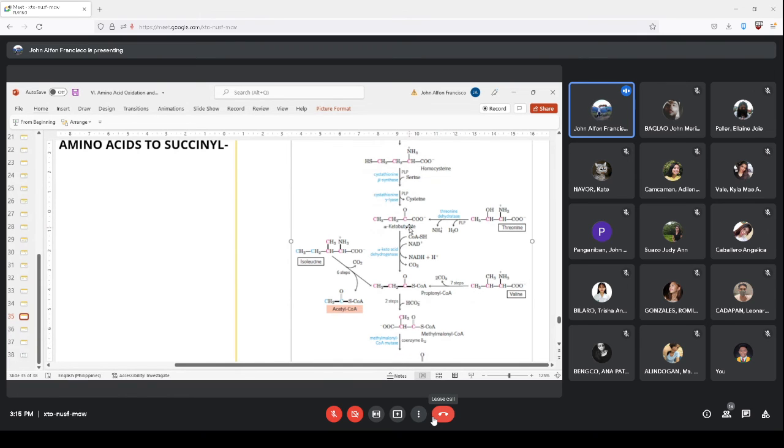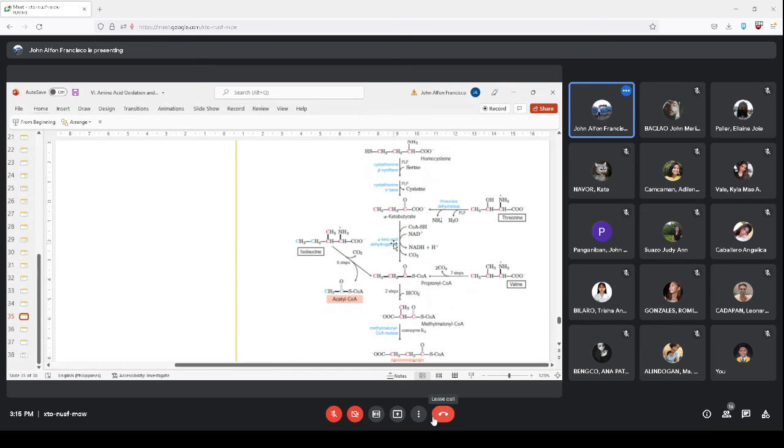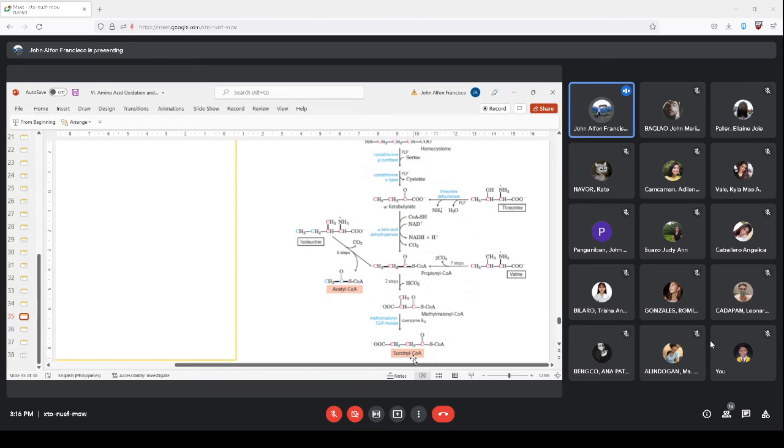Now, you have this compound which will undergo different dehydrogenase pathways to form your propionyl-CoA. We have encountered propionyl-CoA already in the citric acid cycle, but this is an end product of valine and isoleucine. Isoleucine can be converted to acetyl-CoA and its remaining carbon structure can further be converted to succinyl-CoA.